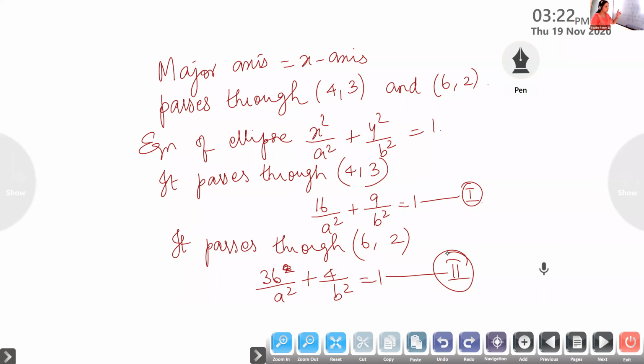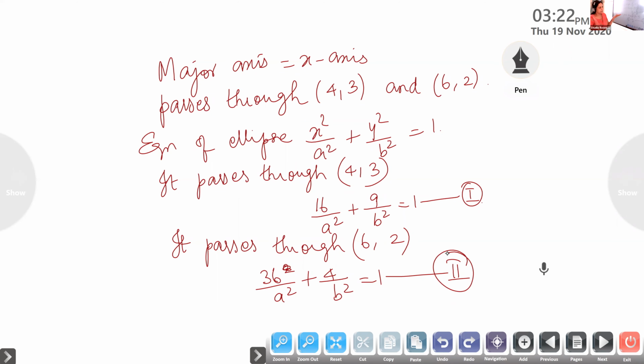Now, we have two equations in two unknowns. We have to solve these two equations and find what A and B are. After finding A and B, you can write the equation of the ellipse. This type we have learned in 10th standard, linear equations reducible form.